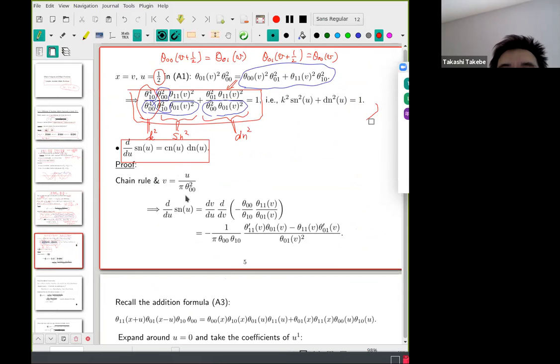Well, first, let's compute this derivative honestly.